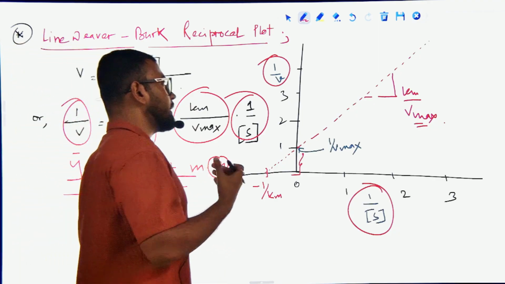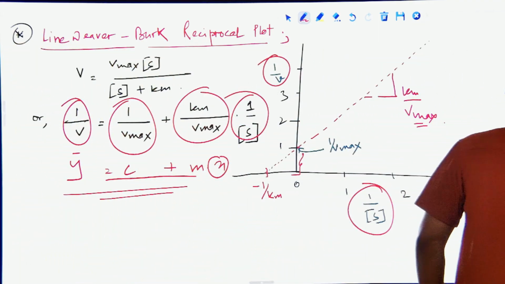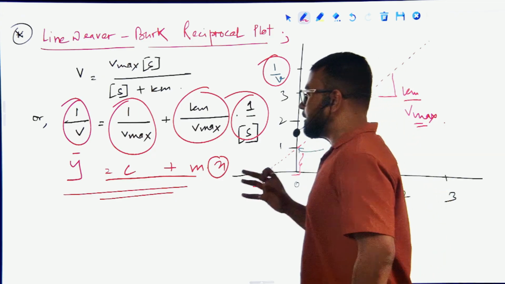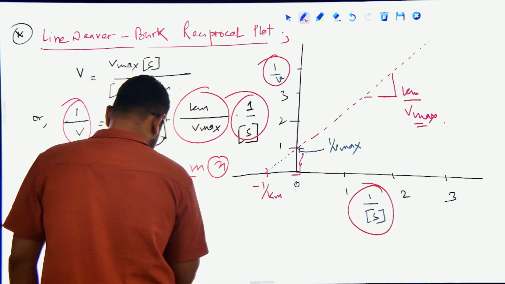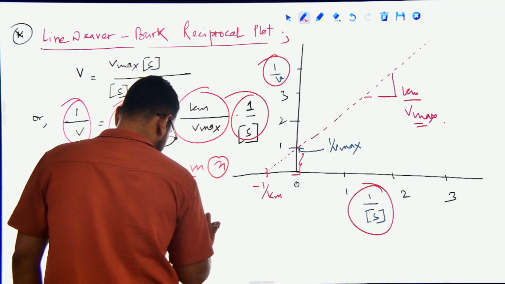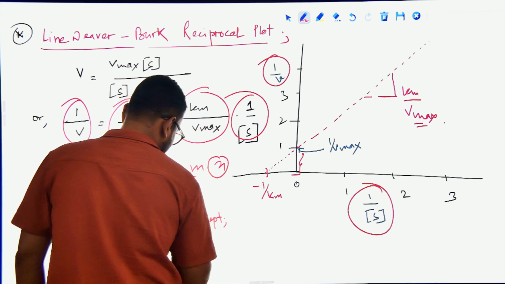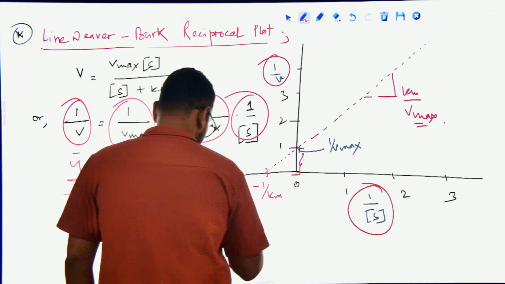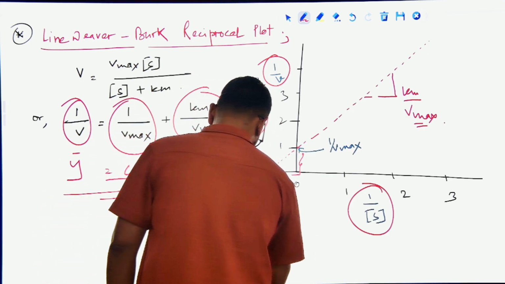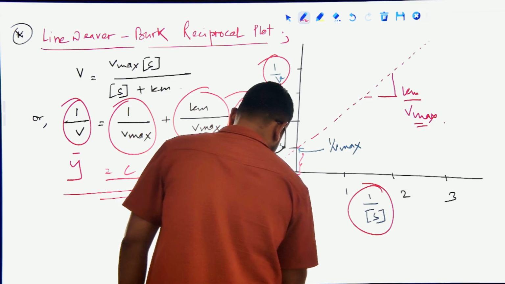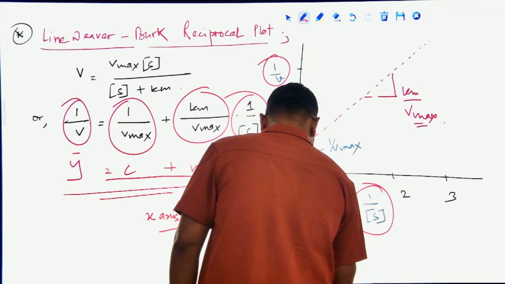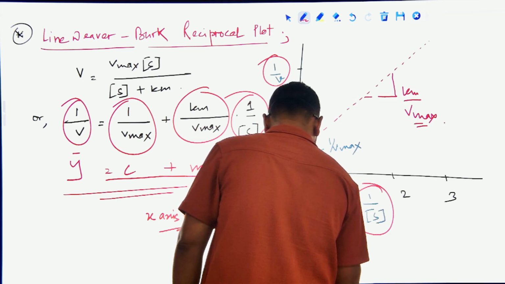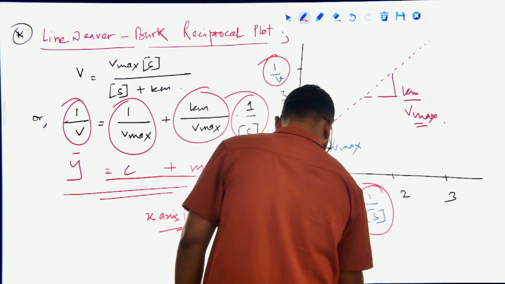Now, if someone is not aware of how to determine a slope, then we have to consider something like this. Let's say for the x-axis intercept, y should be 0. Therefore, y equals mx plus c, so if y equals 0, then x into m is equal to minus c, or x equals minus c by m.